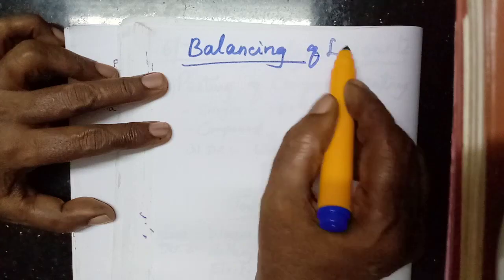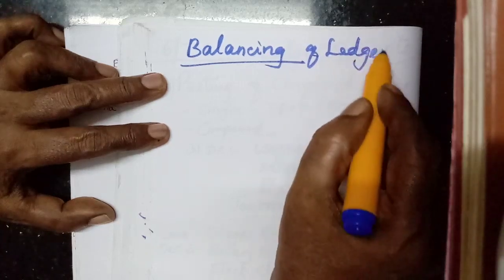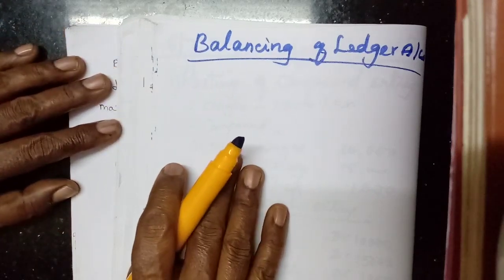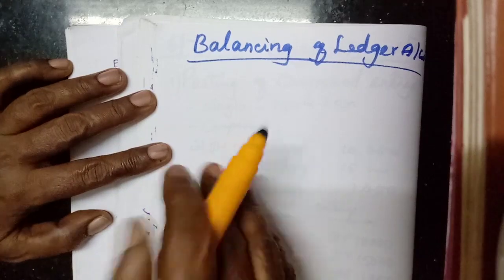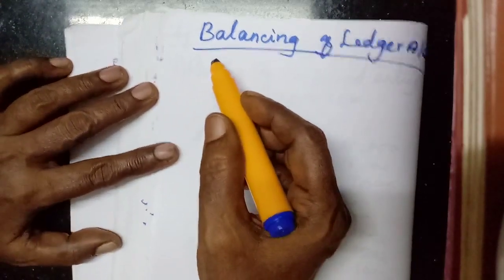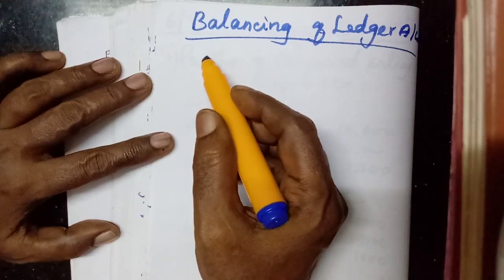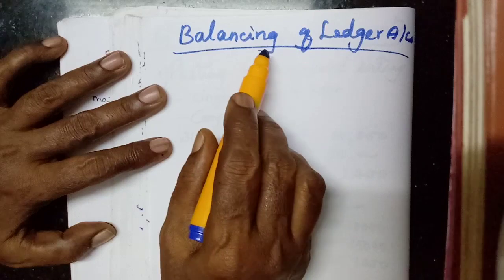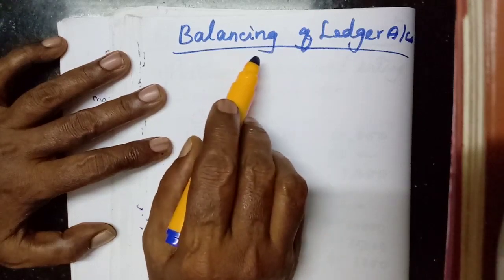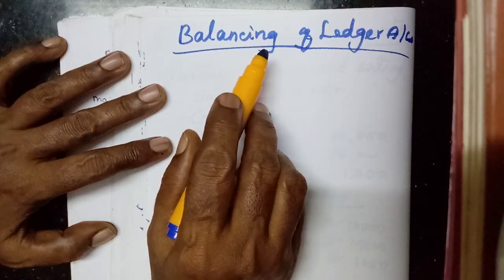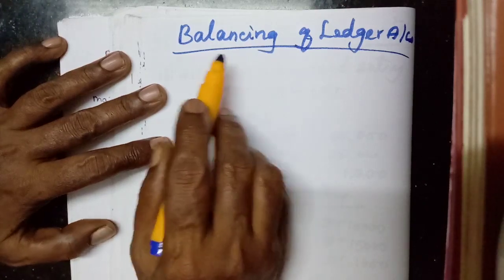Here the owner or the proprietor wants to know the net effect of a separate account. Net effect. What is the total payment or total receipt of a particular account he wants to know. So at frequent intervals, maybe daily, weekly, or monthly, they can balance the account.